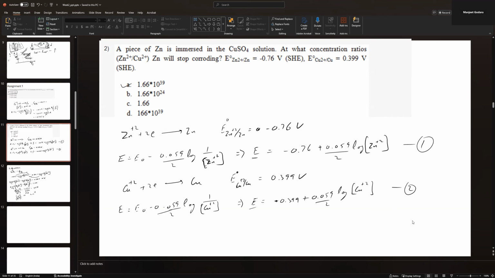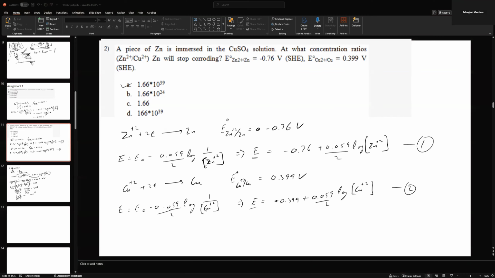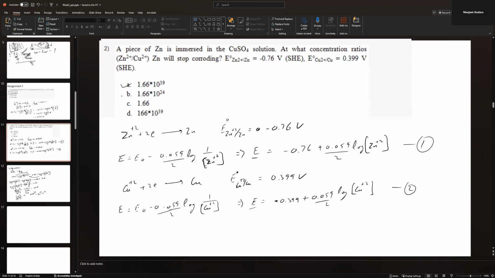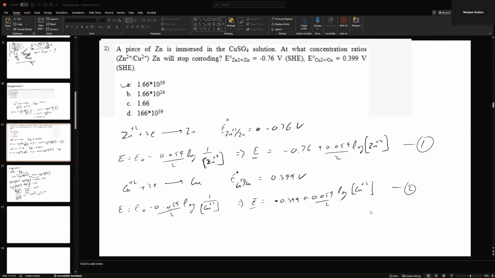Yeah, the exact value. Okay, you write the exact value, 10 to power 0.28 times 10 to power 39. 10 to power 0.28 would be like 1.9.